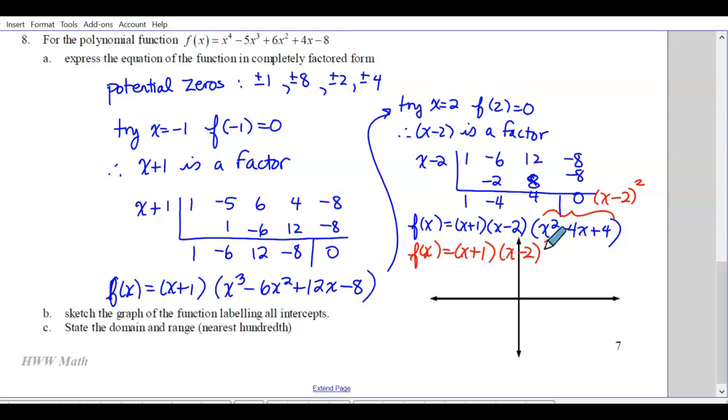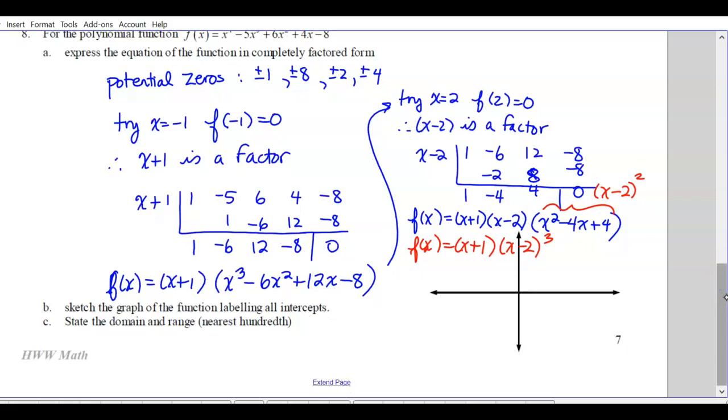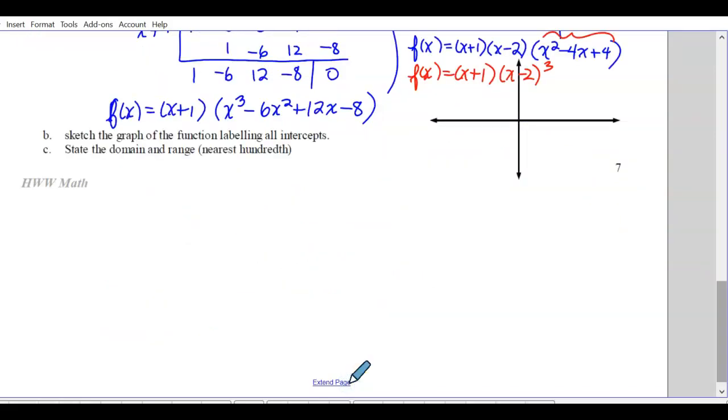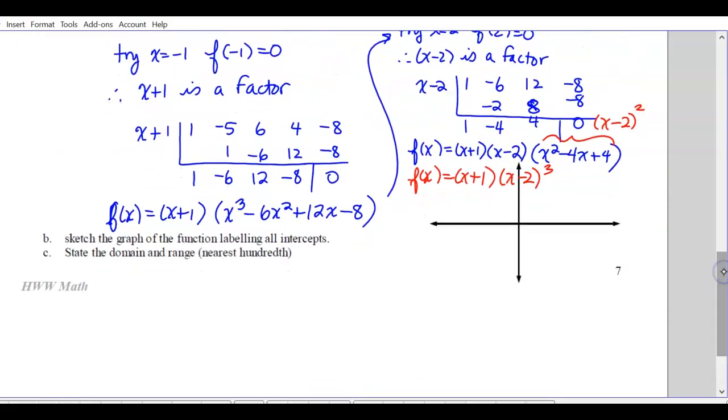Now, it says sketch the graph. Well, you have it in your calculator. So it's not really a big deal to sketch it. We know we have to have a point at 2, and then a point at -1. Okay, positive leading coefficient means it goes up and to the right.